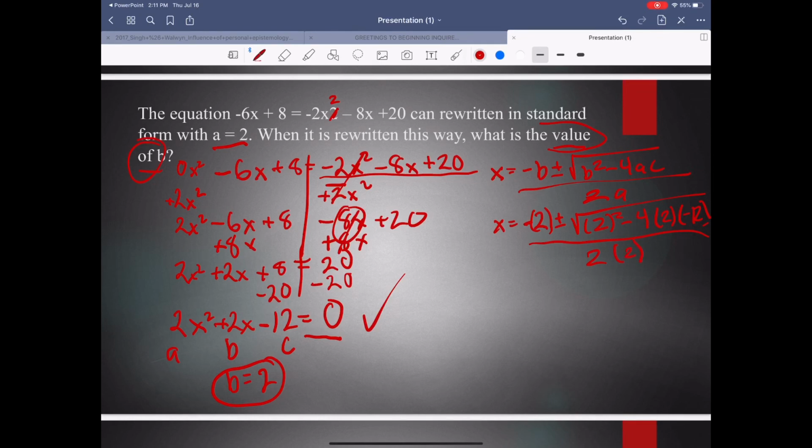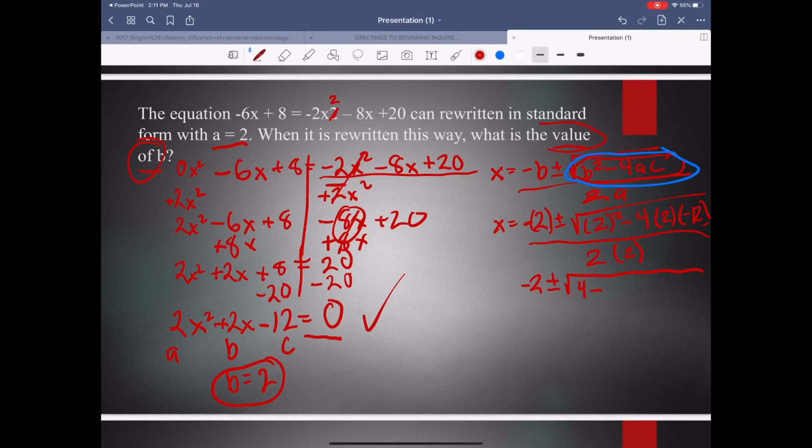Now, what I would do is simplify the discriminant first. So this part right here, I'm not sure if you can see that, needs to be simplified first. So go ahead and do your math. Plus or minus. So 2 squared gives me 4 minus 4 times 2 times negative 12.